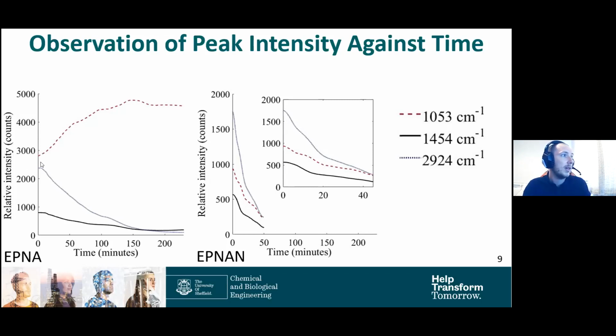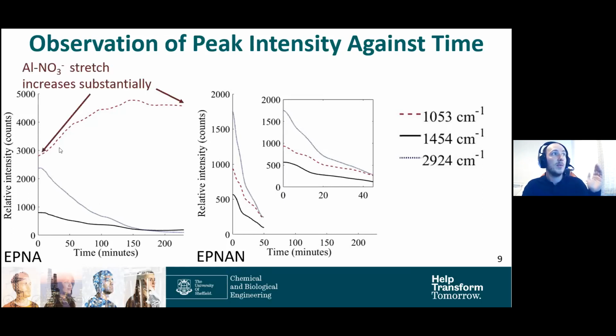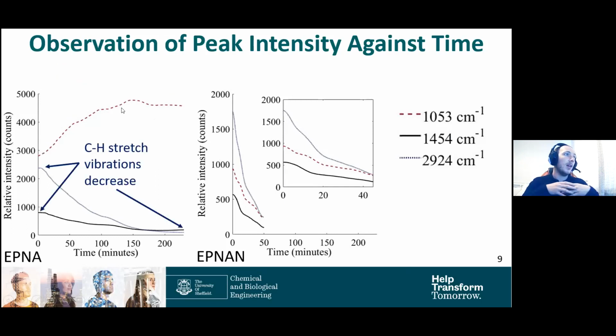And looking here at the one without the nickel nitrate, you can see the aluminium nitrate stretch increases substantially, levels out after around 2 hours, but it does increase overall. And you can see these CH stretch vibrations decrease. This is just associated with the evaporation, which we were seeing before in the simple droplets.